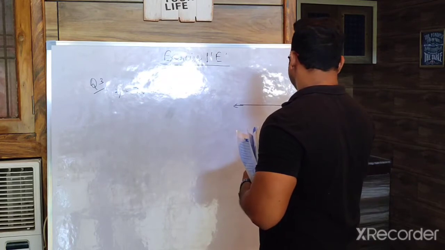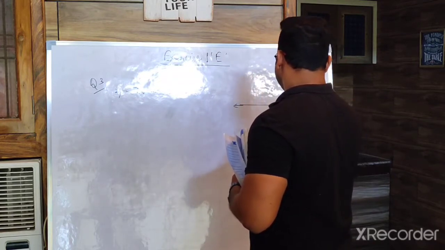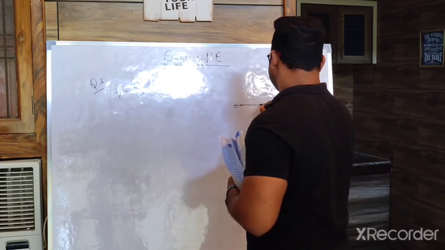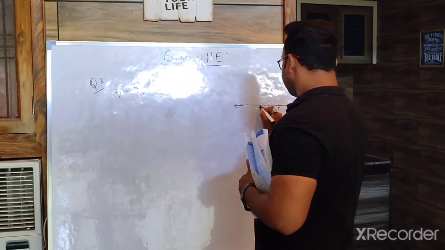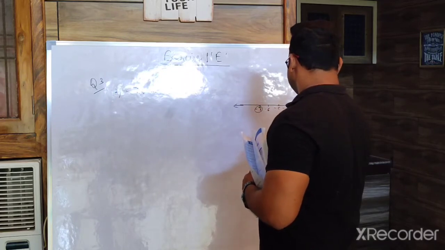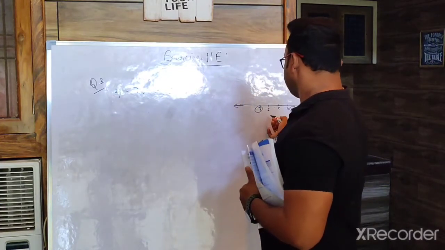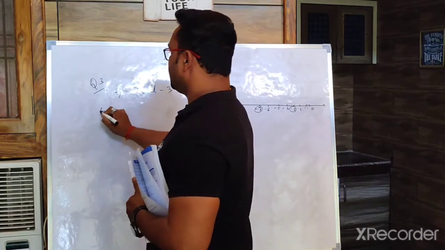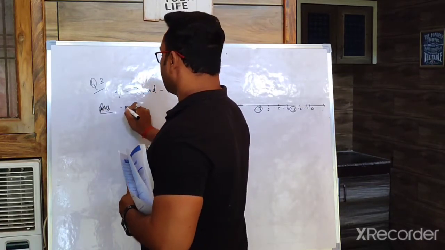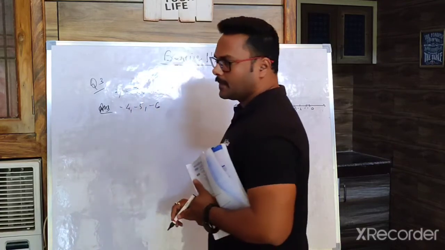It is -1, -2, -3, -4, -5, -6, -7. So it is said -7 and -3. In between you have to find 3 rational numbers. So you can see very easily -4, -5, -6. So answer you can write -4, -5, -6. Okay.